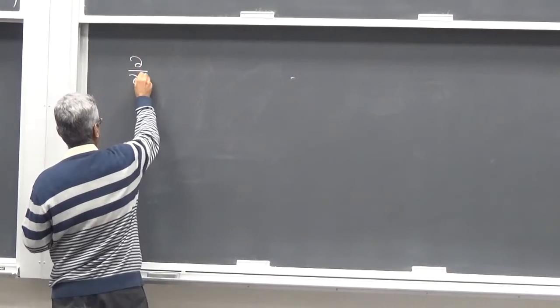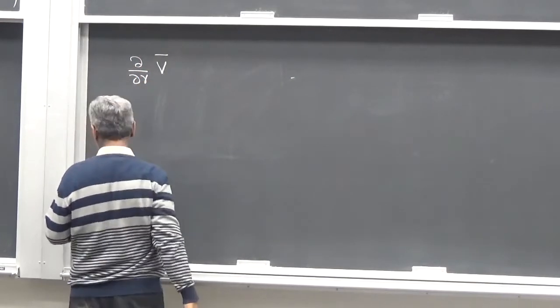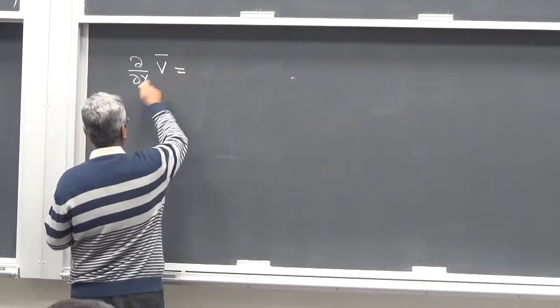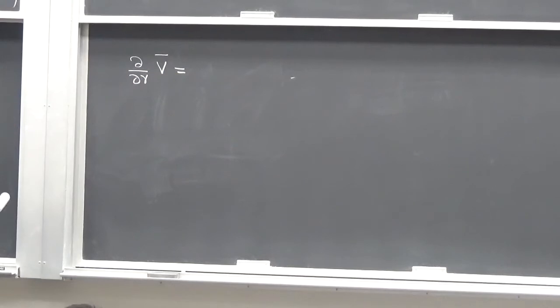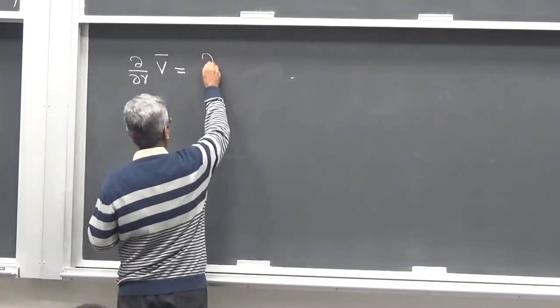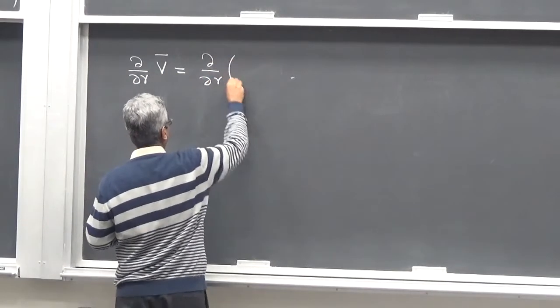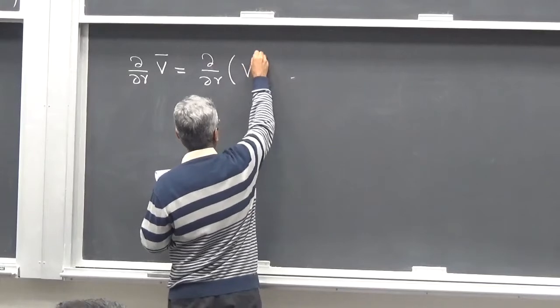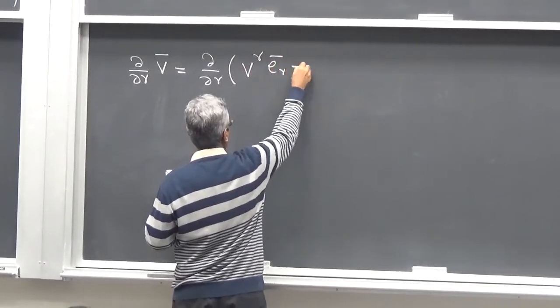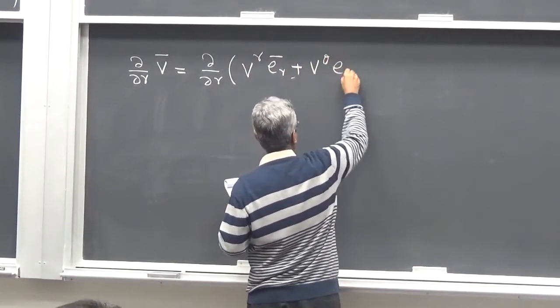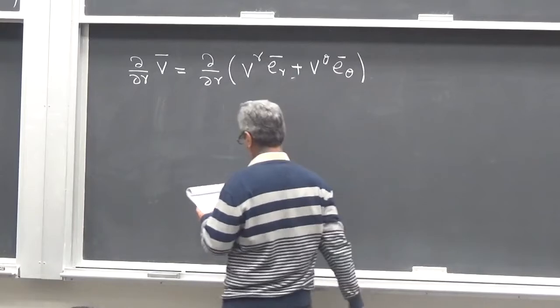Let's take partial by partial r of v. Now we can do this, since we know all of those equations. So I can write partial by partial r of (v_r e_r plus v_theta e_theta).